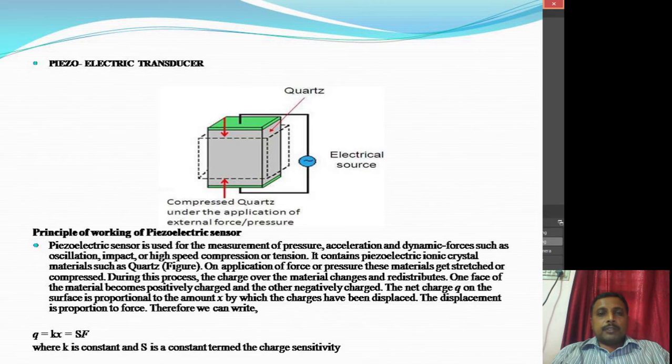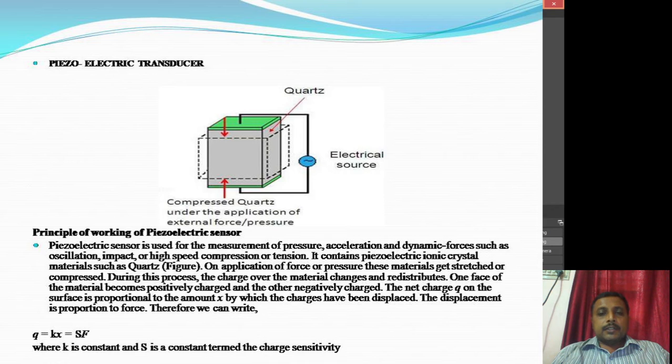If you apply a compressive force, it gets compressed. If you apply a tensile force, it gets extended or stretched. During this process, the charge over the material will redistribute. One face of the material becomes positively charged, the other face negatively charged.